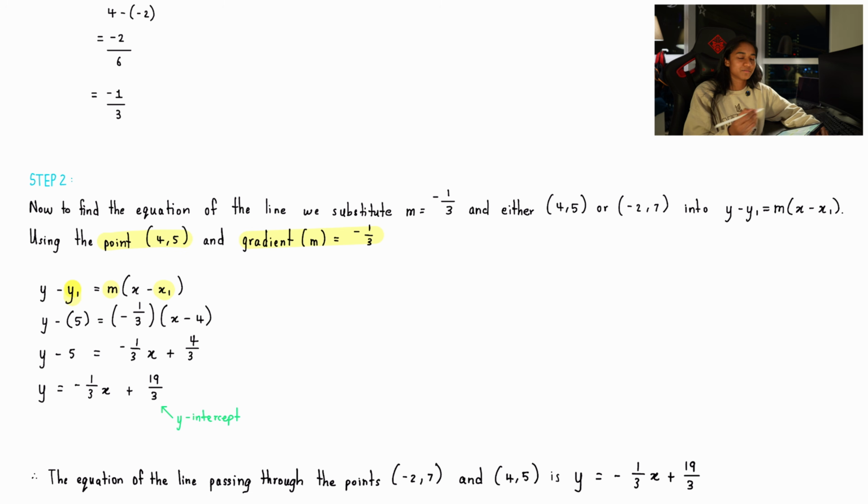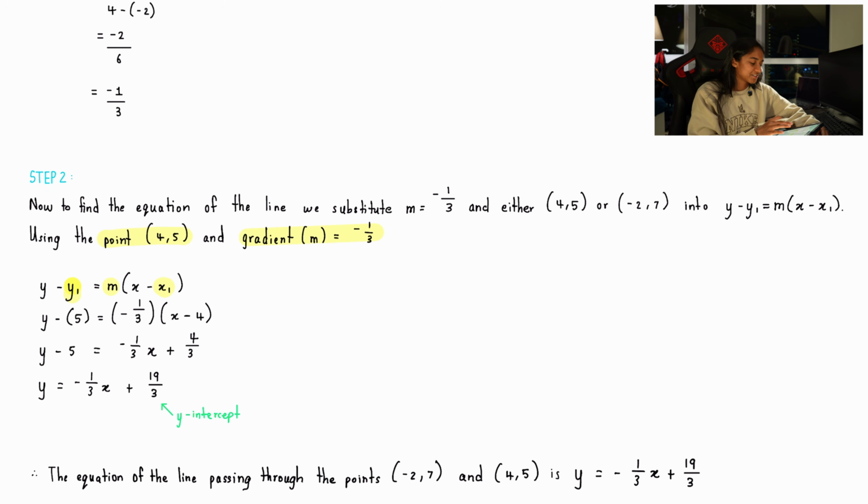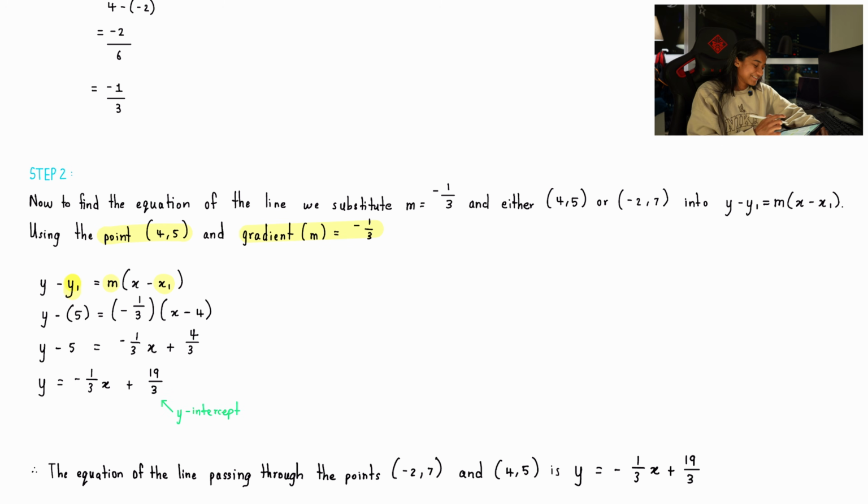It's just easier for me to work with positive numbers naturally, so for most people, unless you're kind of strange. I'm not judging. Anyways, y minus y1 is equal to m(x minus x1). Now let's substitute these 3 values and then simplify. And then we end up getting y is equal to -1 over 3x plus 19 over 3.